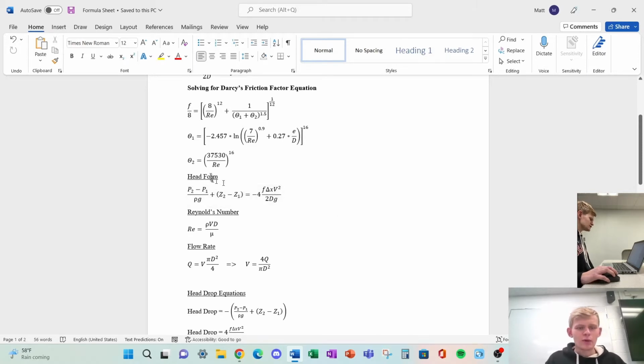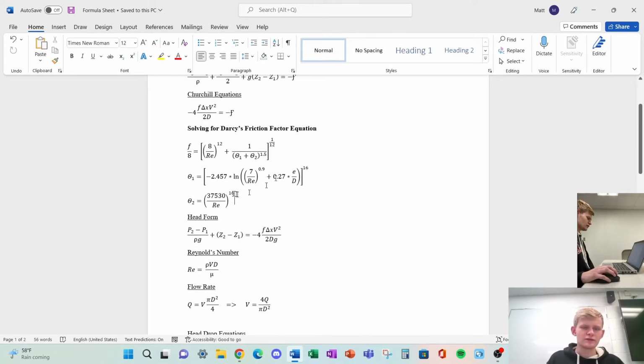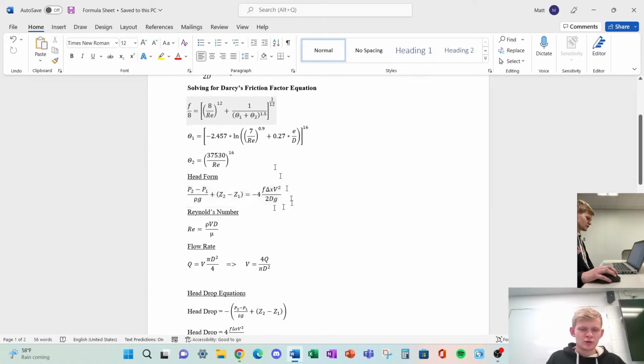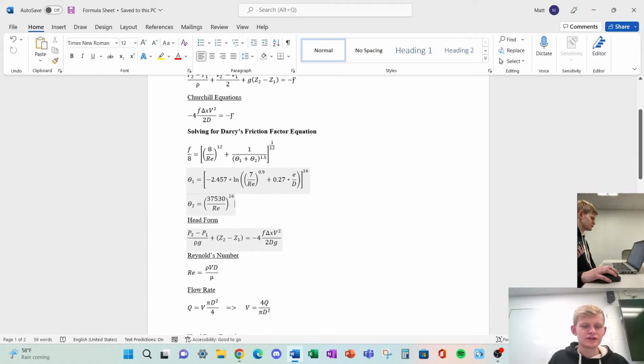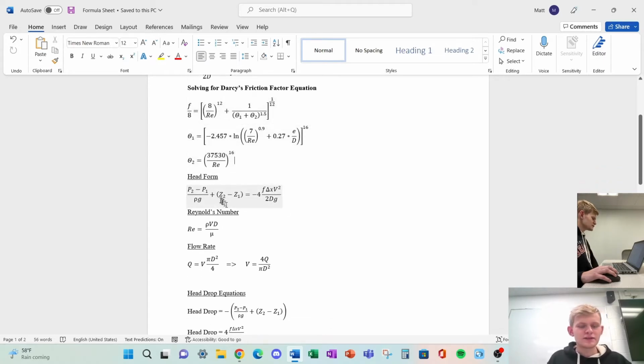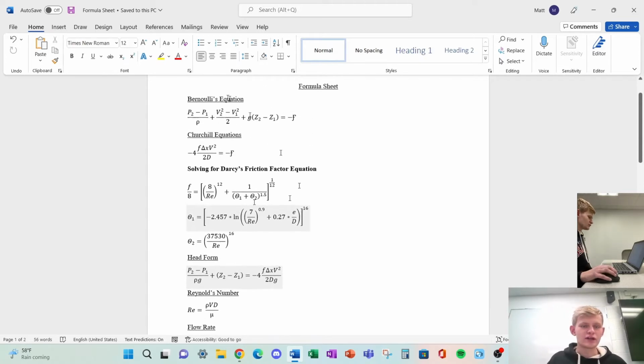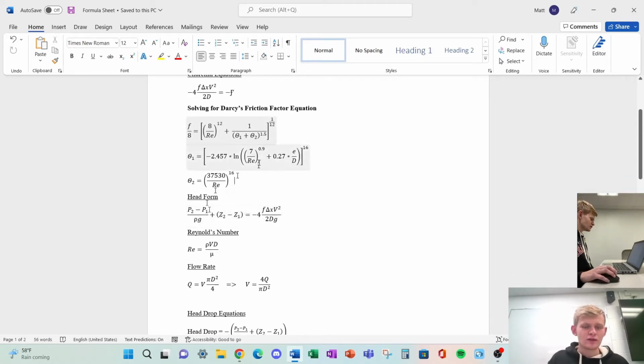And then this is going to be our head form of the heating from friction equation, which is set equal to each other. If you notice, the velocity of the fluid is gone, and this is because usually we have a pipe segment, and the diameter throughout the pipe is constant, so we're not going to need our velocity term, and we're only using the flow.